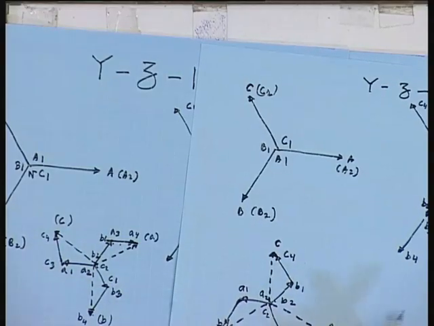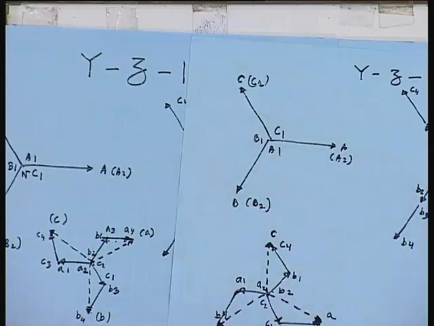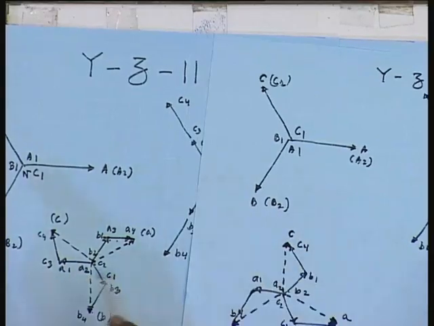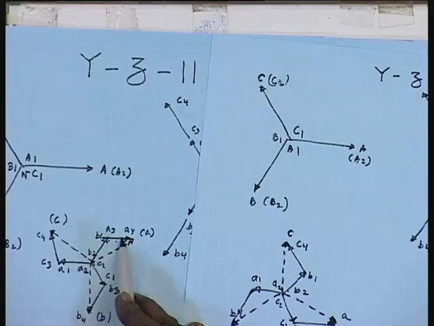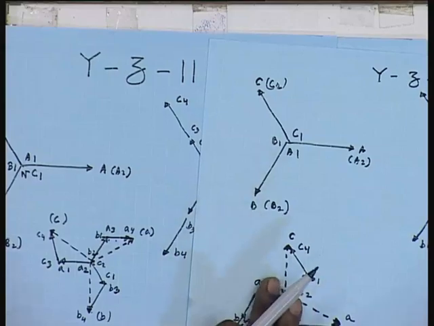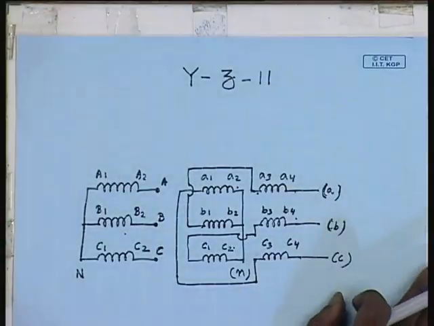However, the initial part on the YZ1 connection required C2C1, whereas YZ11 connection required B2B1. Hence, in YZ1 the A phase is formed using A phase and C phase, while YZ11 A phase is formed using A phase and B phase. That is the difference. The rest of the connection for these two are same. Thank you.